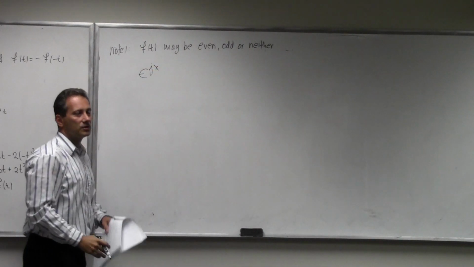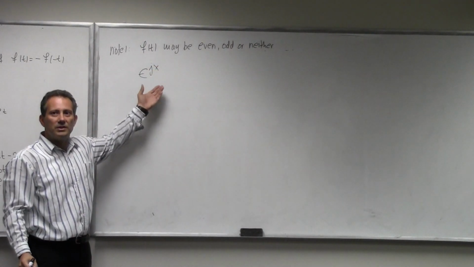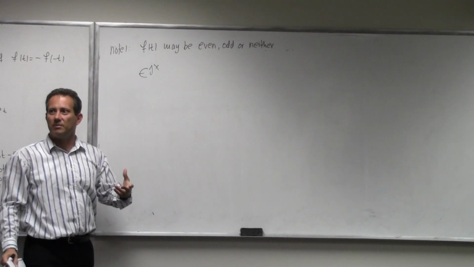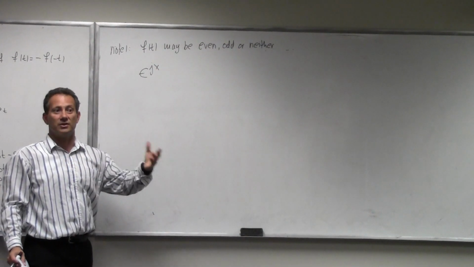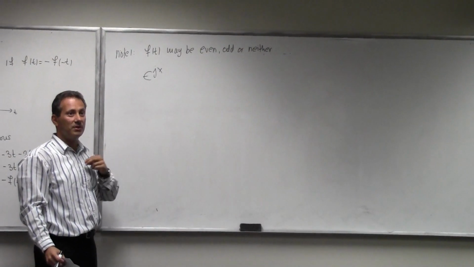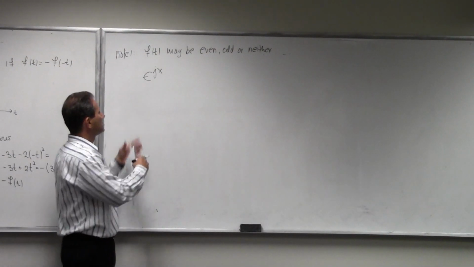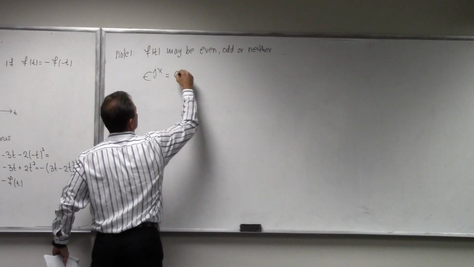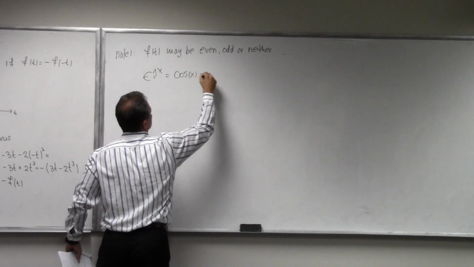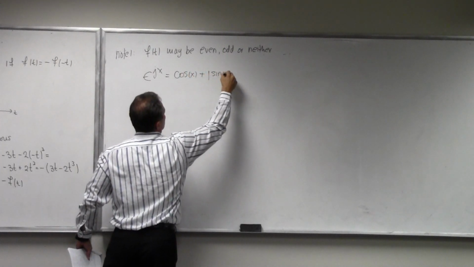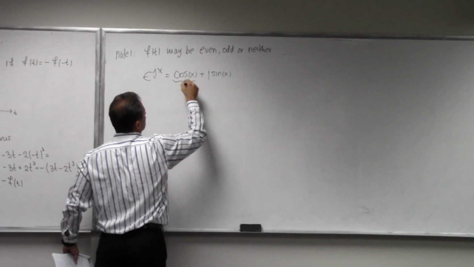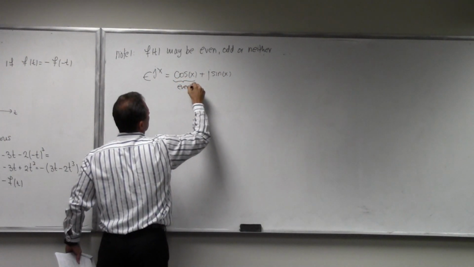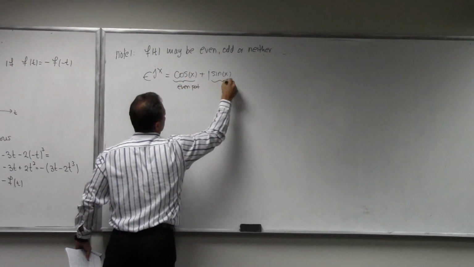For some reason, students think this has even symmetry. I've seen that in many problems, especially when it's dangerous, like in exams, that they assume even symmetry of this. Whereas we already know e to the jx is cosine of x plus j sine x. So this function has an even part and an odd part.